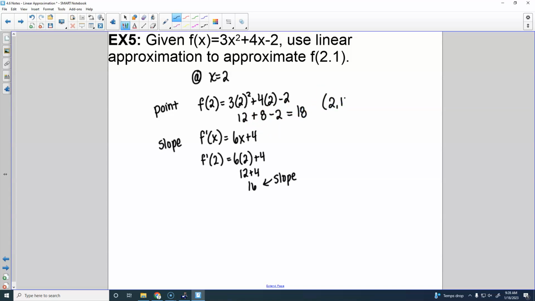So (2, 18) would be our point. Everybody okay here? All right, tangent line at x equals 2 is going to be y equals 16 times x minus 2 plus 18.